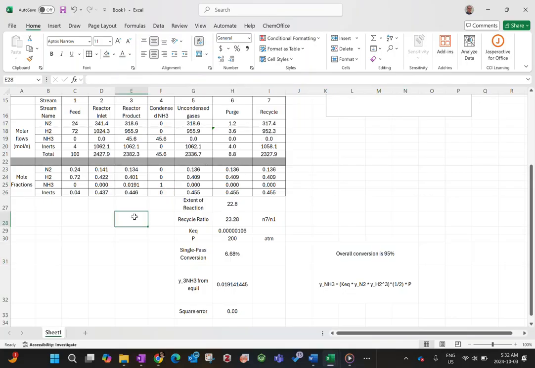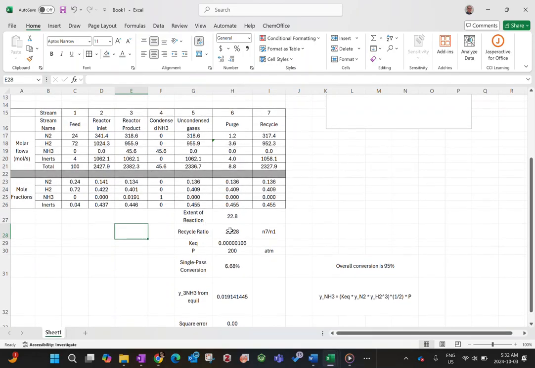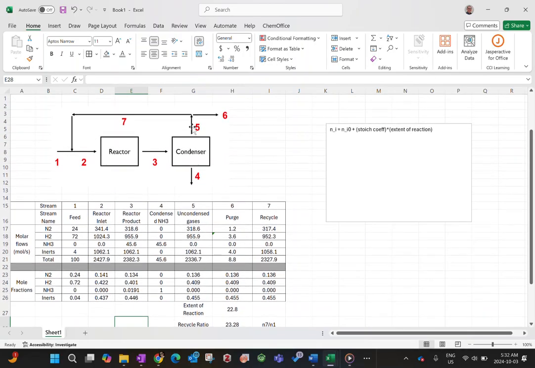It also shows, if you look at the recycle ratio, we have the recycle flow is 23 times greater than the feed flow, which is a lot bigger. So the flows that are looping back here are quite large compared to your feed. And look at the inerts.